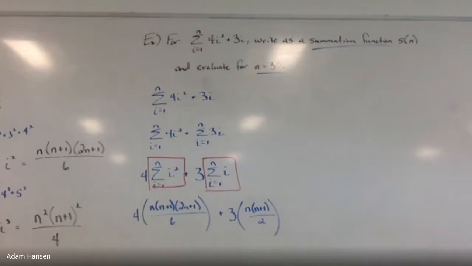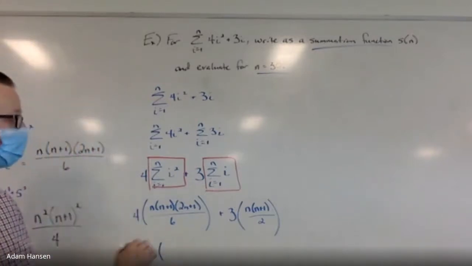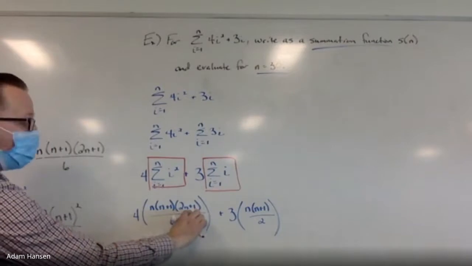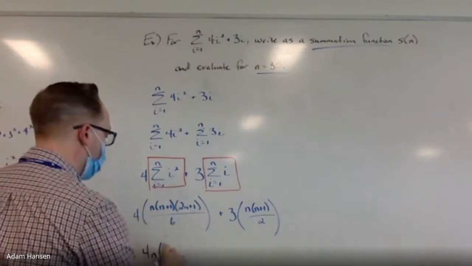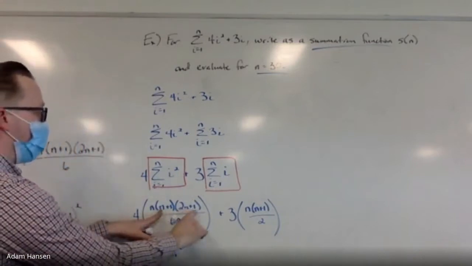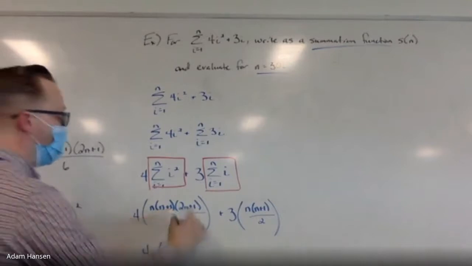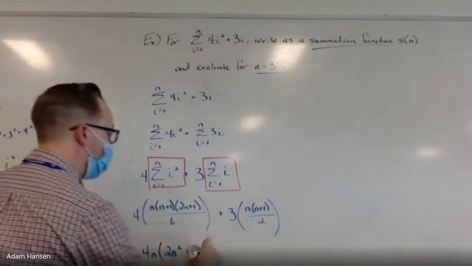Let's start simplifying. Multiply 4 times n. While I'm here, I might as well multiply n plus 1 times 2n plus 1. n times 2n is 2n squared. n times 1 is n. 2n times 1 is another 2n, so altogether that's 3n. 1 times 1 is 1.